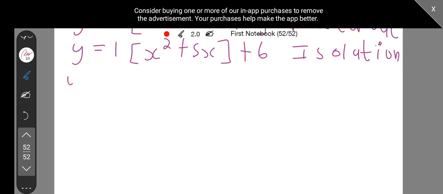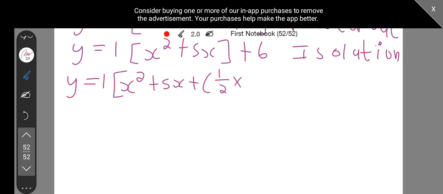We're going to say that y is equal to 1 multiplied by, so we're going to have x squared plus 5x, then you add half the coefficient of x, and then you square it, you close the bracket, and then you're going to say plus 6.